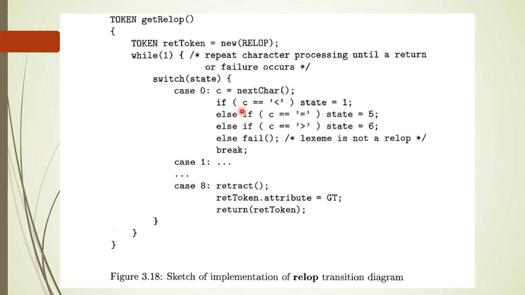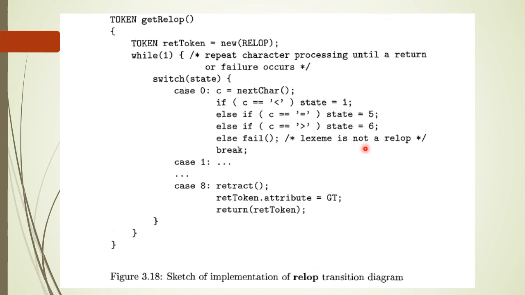If character C is equal to less than, then you go to state 1. From state 0, if I read the equal symbol, I will go to state 5. If I read the greater than symbol, I will go to state 6. If I read any other symbol other than less than, equals, or greater than, then it is not a relational operator.